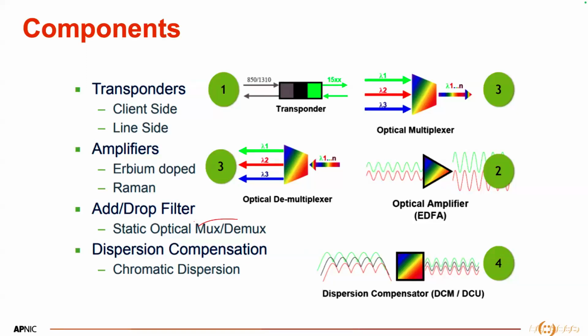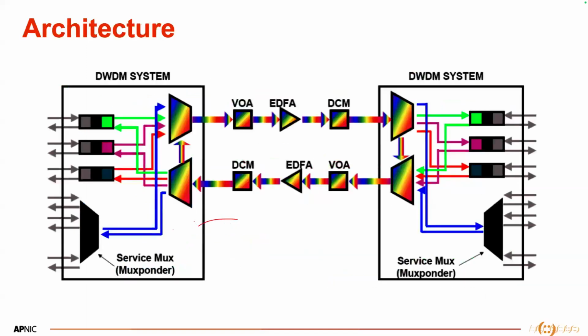Yes. So these are the components you can see here. The components involve the OTU card, the mux demux unit, the amplifiers, and the dispersion compensation module as well. The one thing which is not shown in the picture is the management channel.